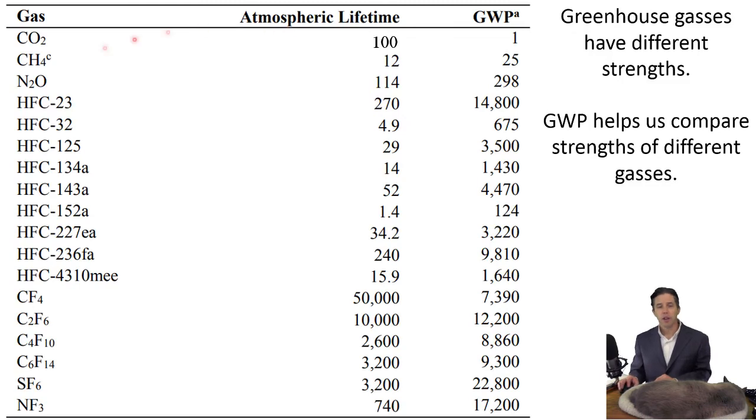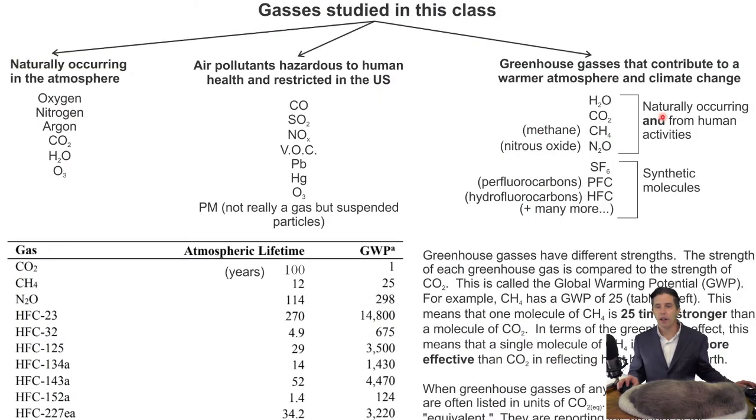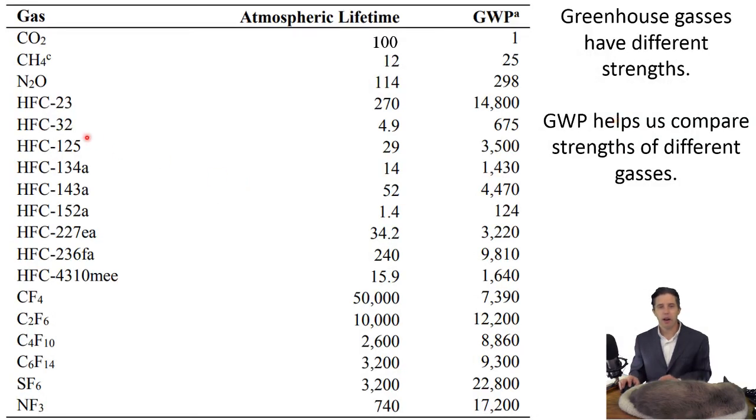And so if I go back a slide, these were the naturally occurring ones, and we as humans add them. That's these 3. And then all these are synthetic. Okay, we as humans make them, they don't occur in nature. Notice though how strong some of these are. This one has a GWP of 14,800.